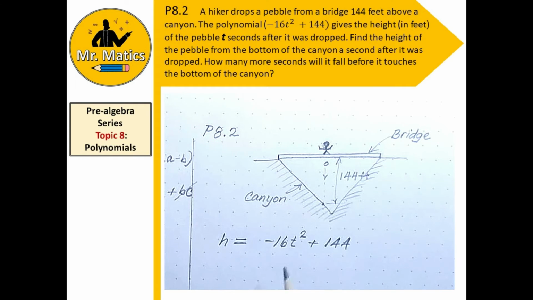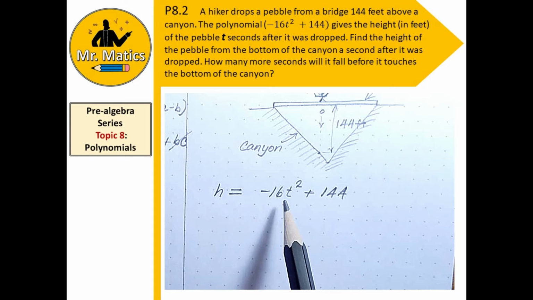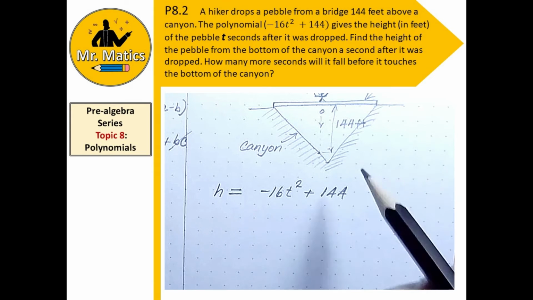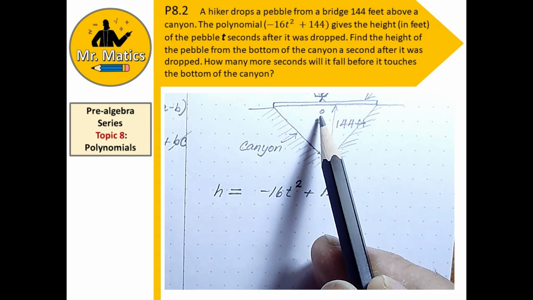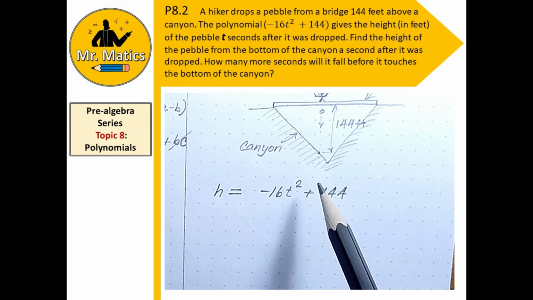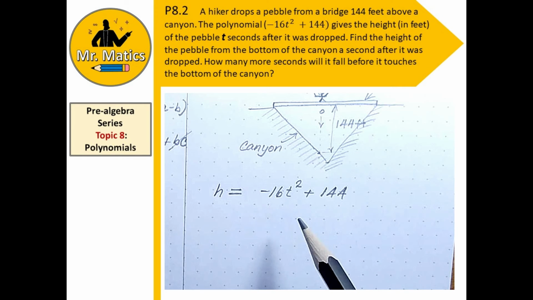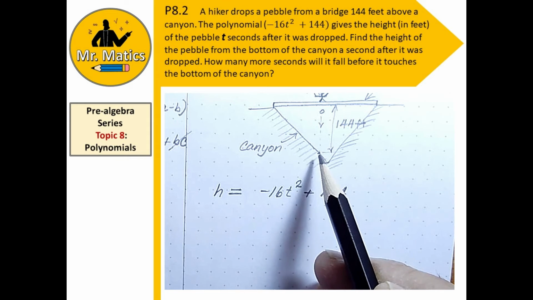So at the moment the pebble was released, t was 0, and then when the pebble reaches the ground, t is whatever that value of t is. And as the pebble is traveling downward, the height diminishes with time and it becomes 0 when the pebble reaches the ground.